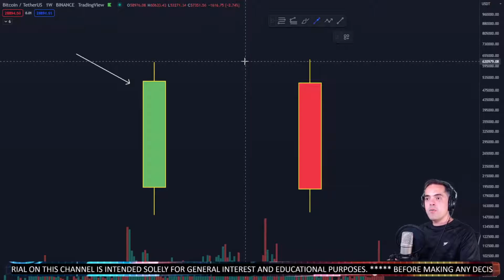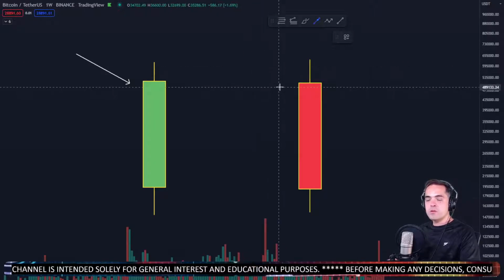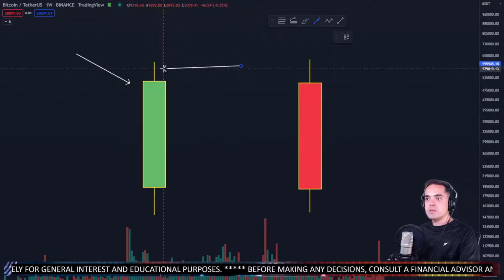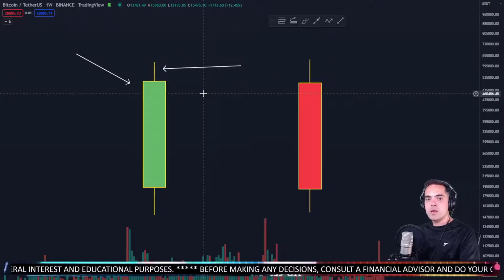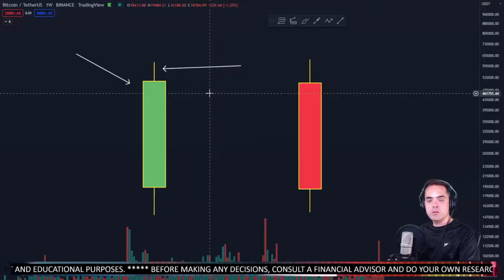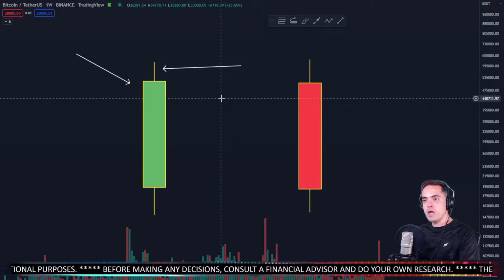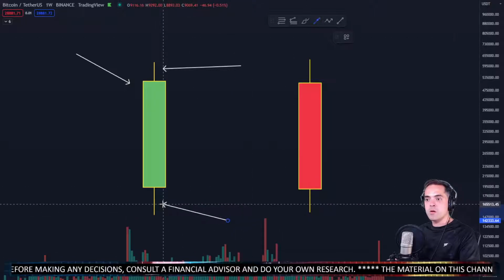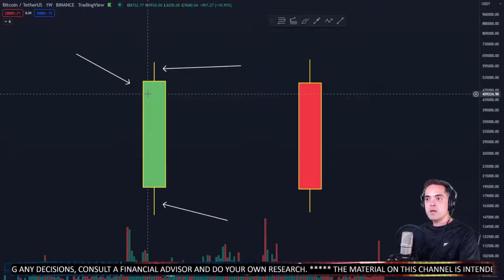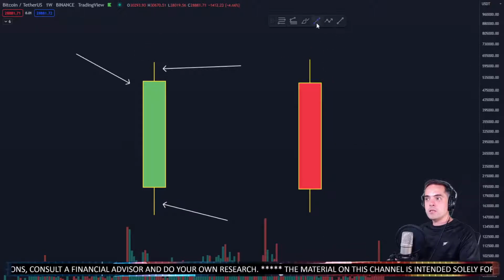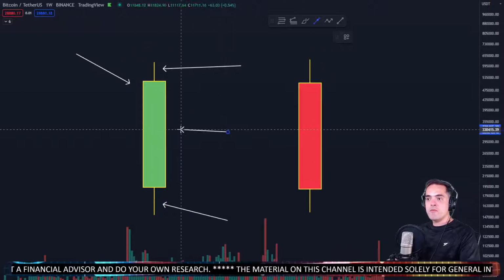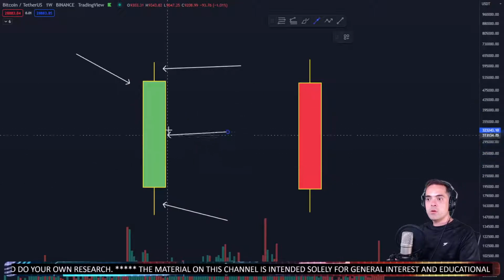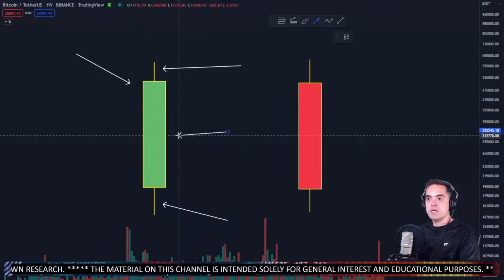First we have the upper wick or shadow, some people call it shadow, and we have a lower wick or lower shadow. And finally we have the full body of a candle, which is this rectangle part.